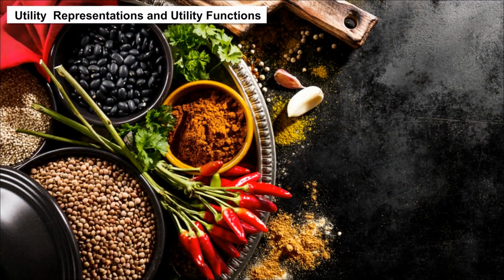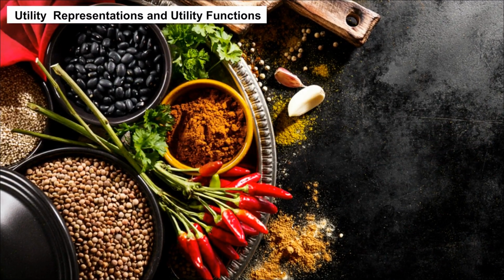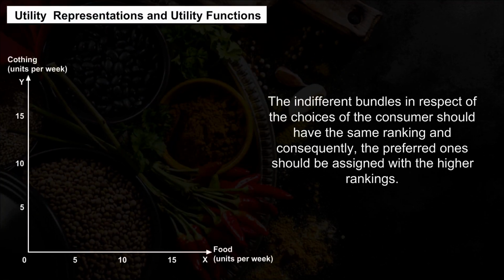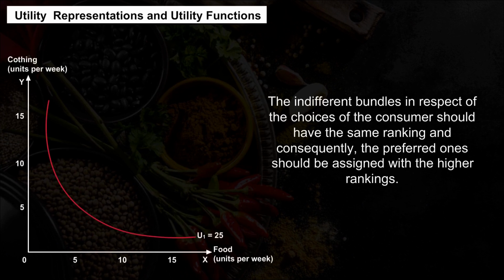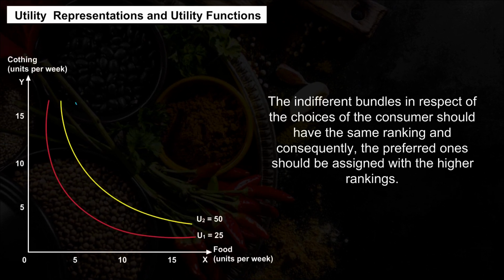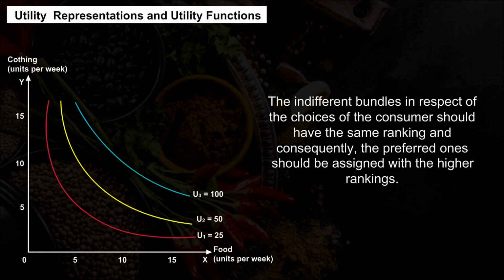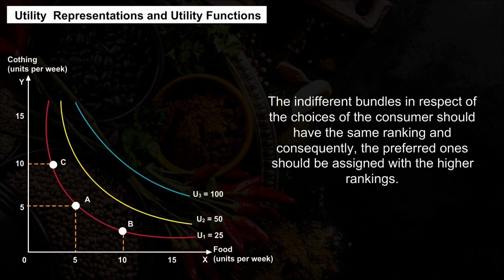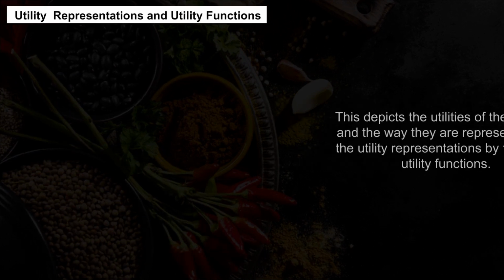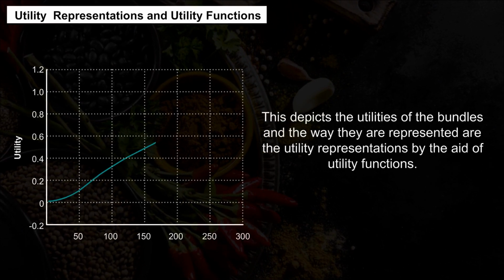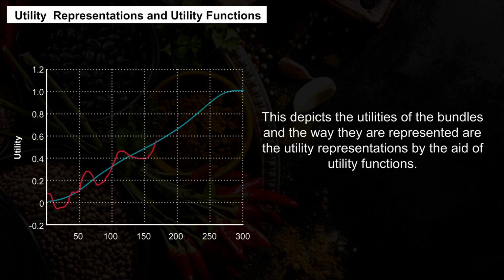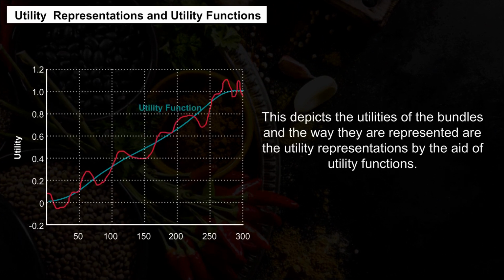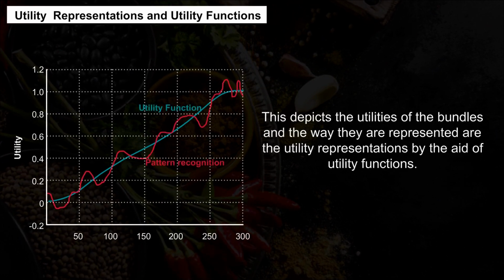Utility representations and utility functions. The indifferent bundles in respect of the choices of the consumer should have the same ranking, and consequently, the preferred ones should be assigned higher rankings. This depicts the utilities of the bundles, and the way they are represented is the utility representation, with the aid of utility functions.